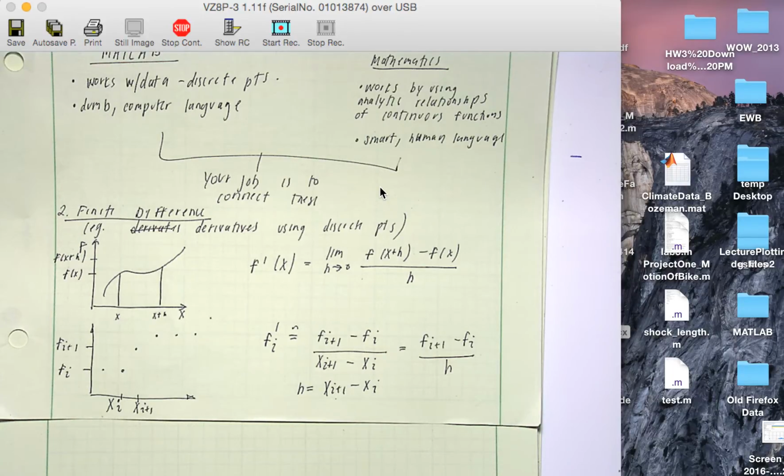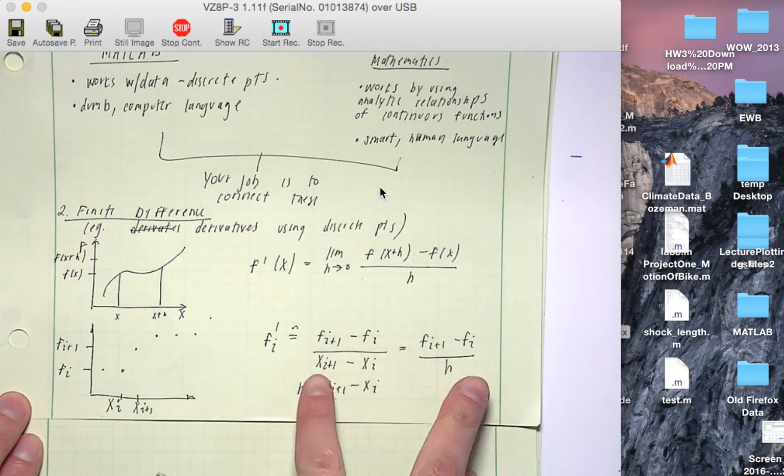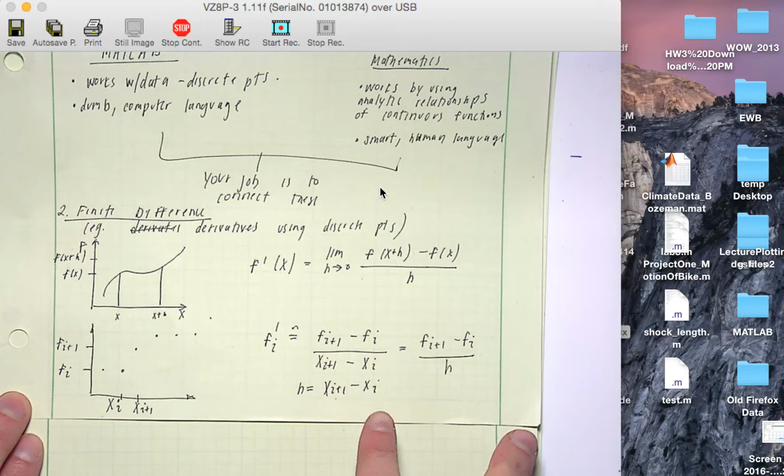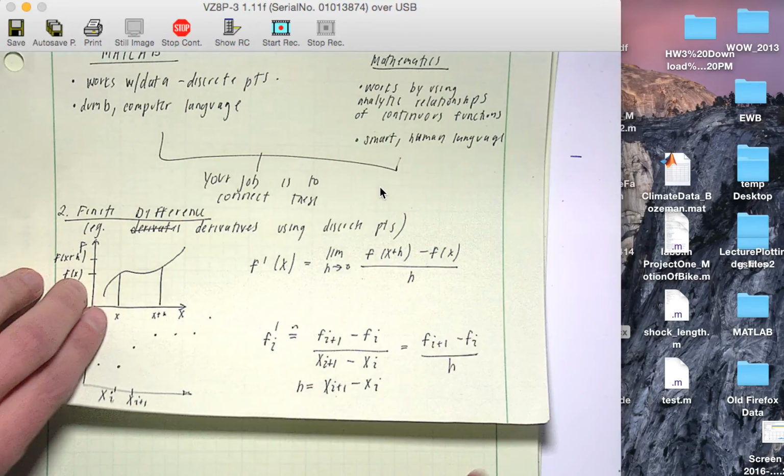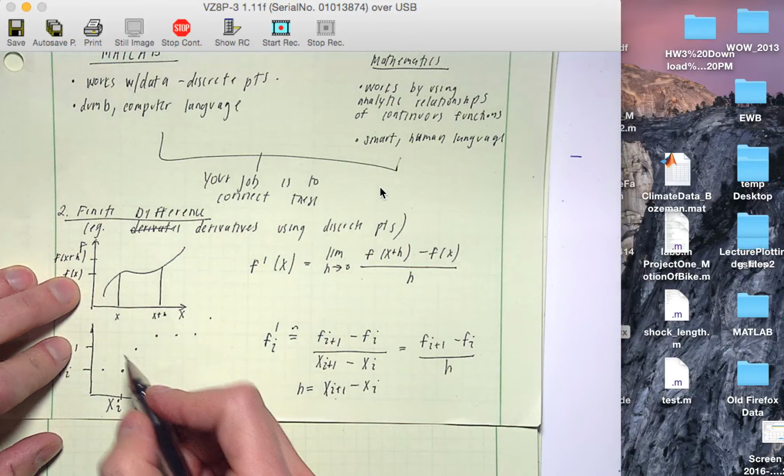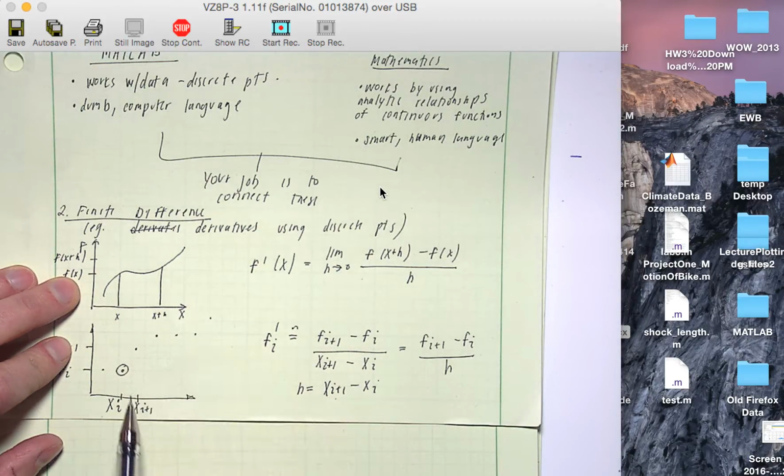So what we just did is we took a continuous idea of a derivative or a slope and we converted it into a difference. So derivatives are equivalent to differences. Numerically, they're equivalent. So here we were calculating the slope at this point and we used the point in front of it.